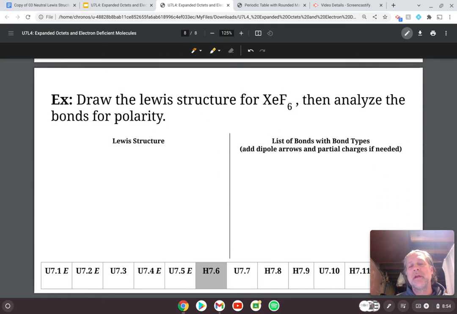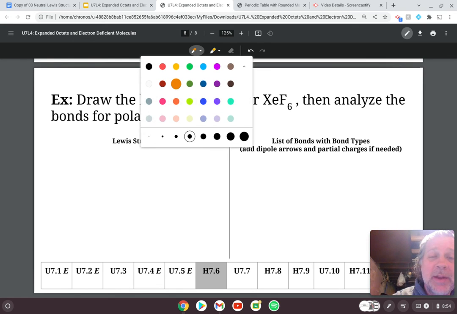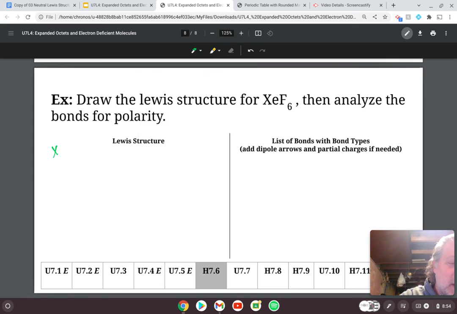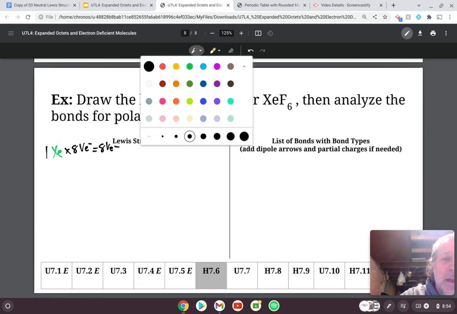Xenon hexafluoride, XeF6. Okay. So in this case, my central atom is going to be xenon, because there's only one of them, and it comes first. So xenon has 8 valence electrons to bring, which is crazy.